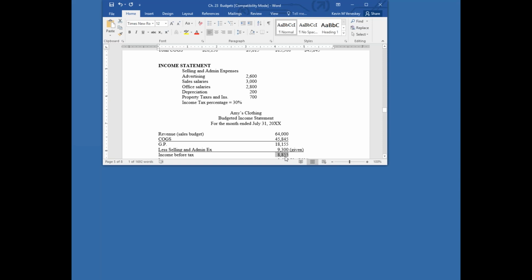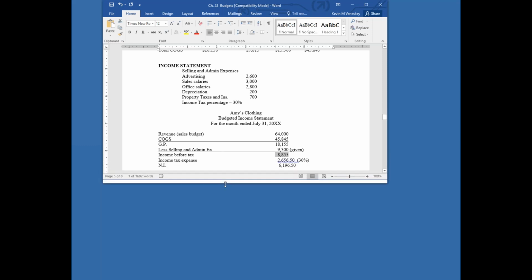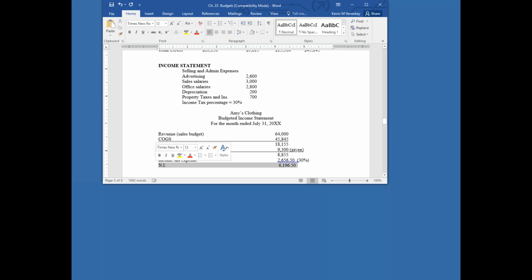Because now this is the number that you take by 30%, a very high rate. 30% of that goes to the government. So of my profits of the $88.55, $26.56 goes right to the government. So I subtract that out, and this is my final real net income.